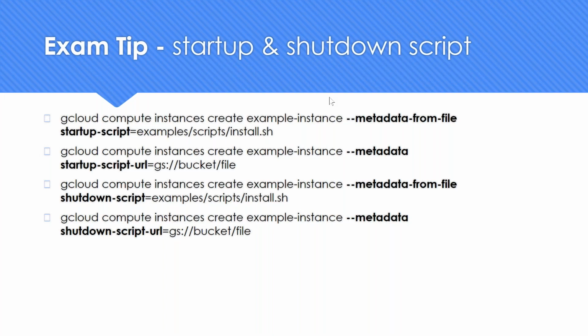The moment a soft signal goes from Google saying that the machine is going to be shut down in the next 30 seconds, this script is going to get executed. If it's Linux, it's going to be a .sh file. If it's Windows, it's going to be a batch file. It can be in the virtual machine itself, or you can have the shutdown script in the storage bucket. Your choice which one you prefer.